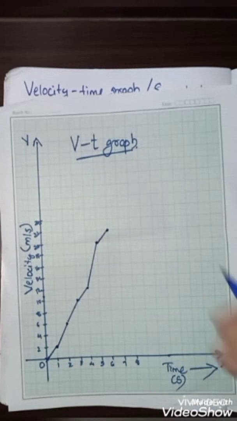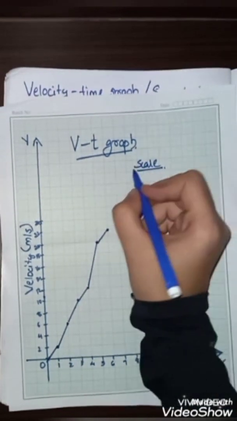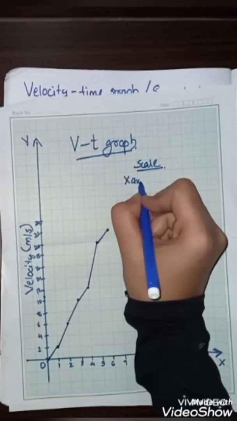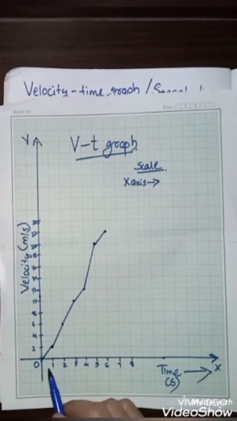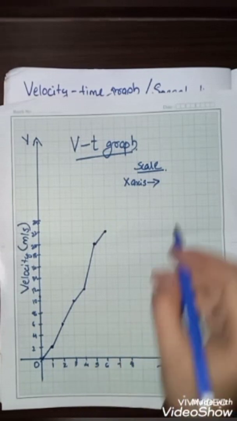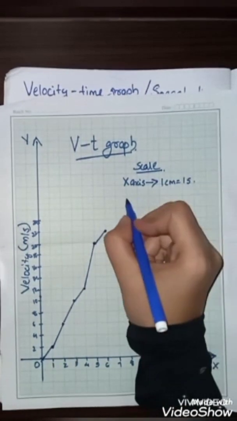The scale. How can we write the scale here? For the x-axis, 1 centimeter is equal to 1 second.